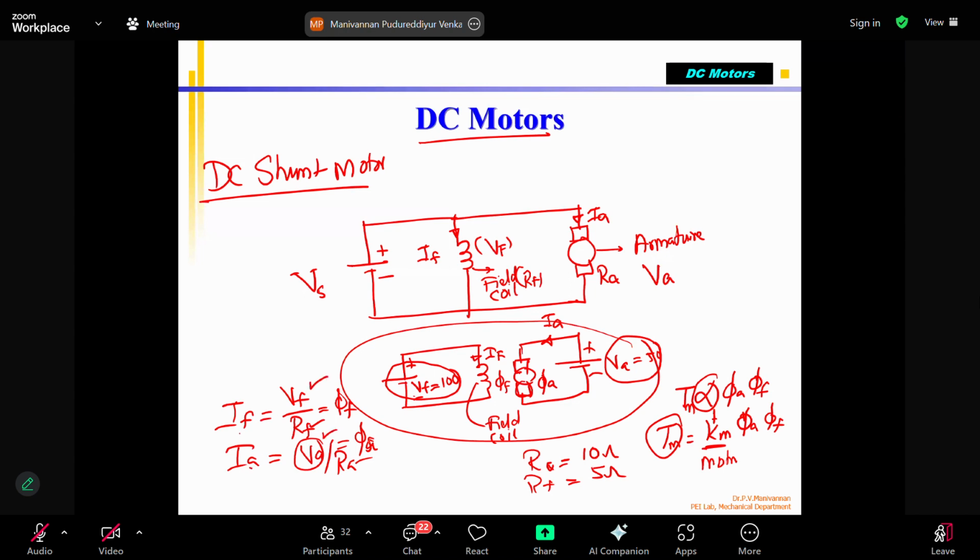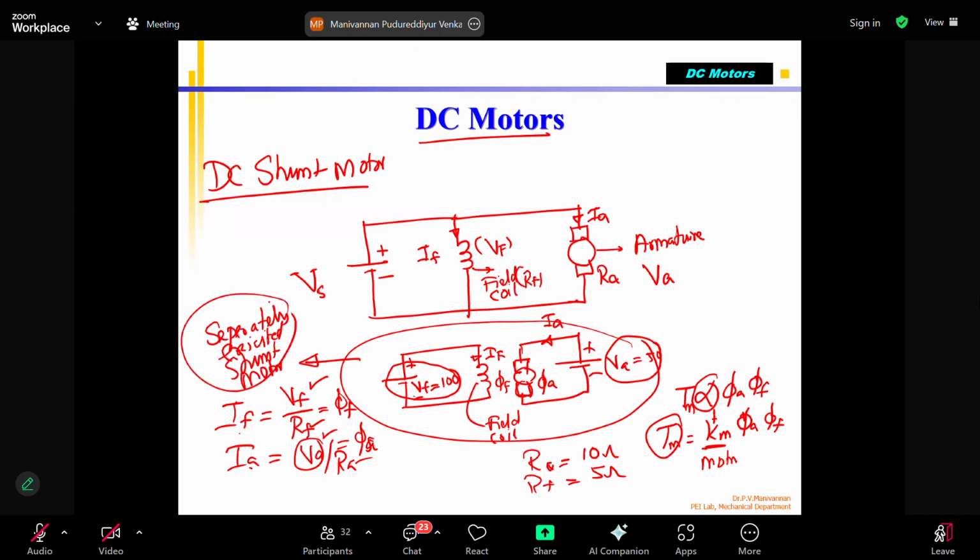The net torque TM is proportional to phi A and phi F, and phi F is proportional to IF, which we already know. So I can control the torque produced by the motor. This arrangement has another name: in some books they call it a separately excited shunt motor.